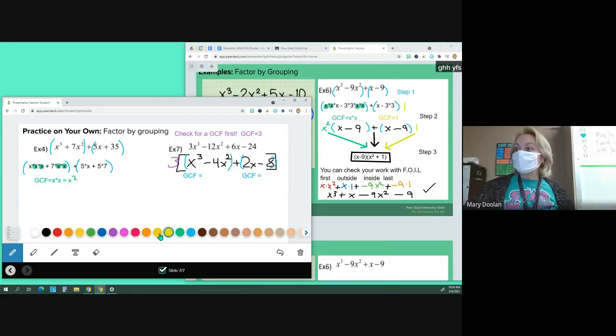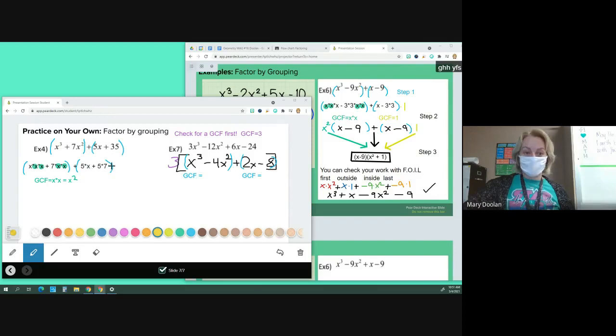For the second binomial, what do these both have in common? What's the GCF of the second binomial? What do they both have?